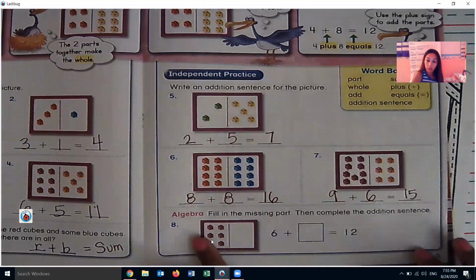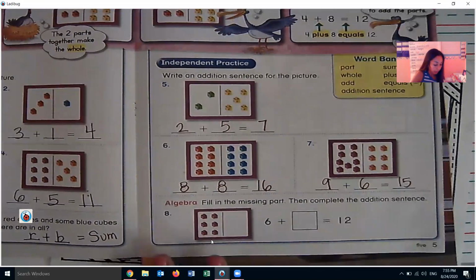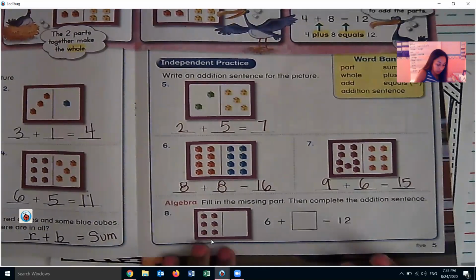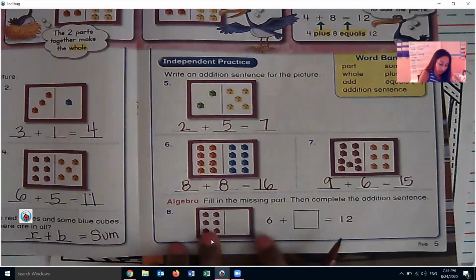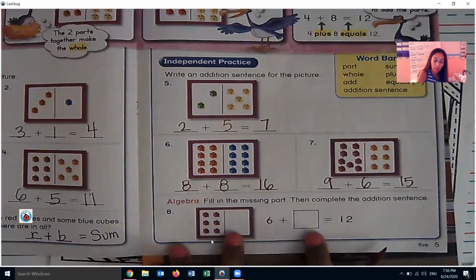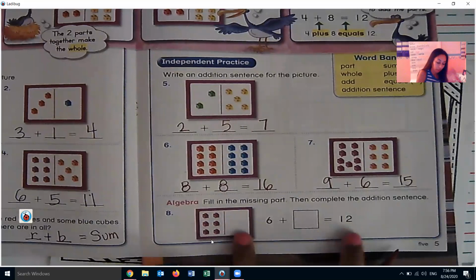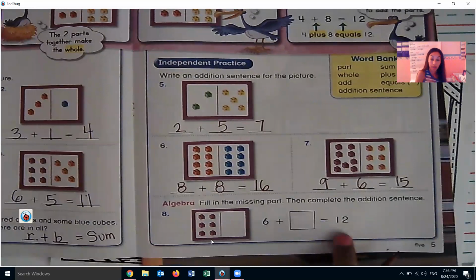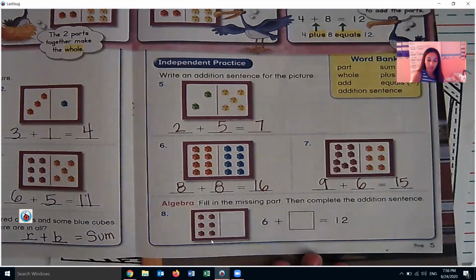This here is algebra. It's finding the missing part. So I have 6 here, and they already wrote 6 here for me, that first part. So they're saying if I have 6, what number do I need? How many more cubes to get to 12? I can do this by maybe just knowing my facts. If I know 6 plus what is 12 that I know of.